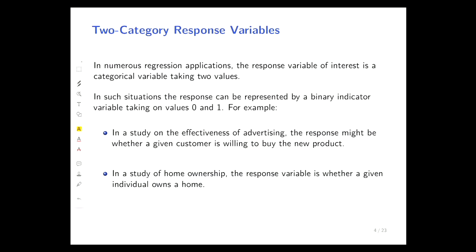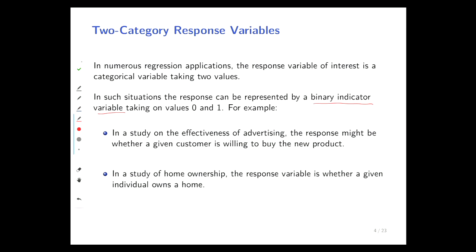The first one is male and the second one is the female. So in a lot of applications, we can consider this kind of categorical variables taking 2 values. Usually for this kind of categorical variable, we can use a binary indicator variable taking on the values of 0 and 1 to represent these 2 categories.